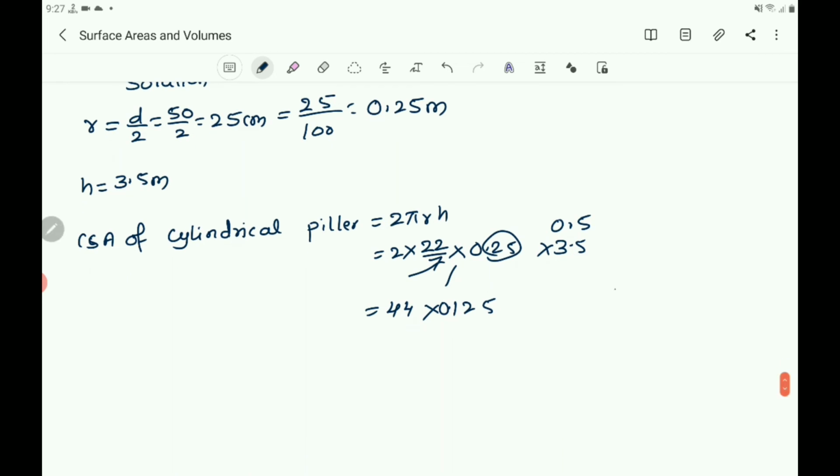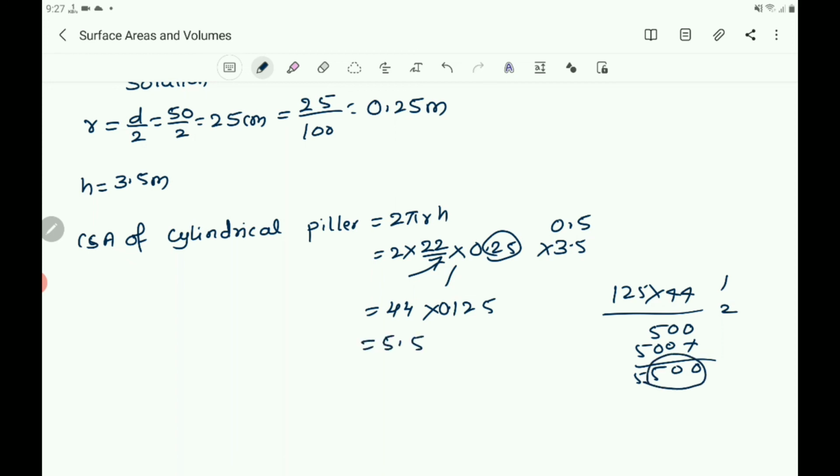Now you multiply 0.125 by 44, which gives 5500 and 3 digits, that is 5.500. You can leave it. That is 5.5 m square.